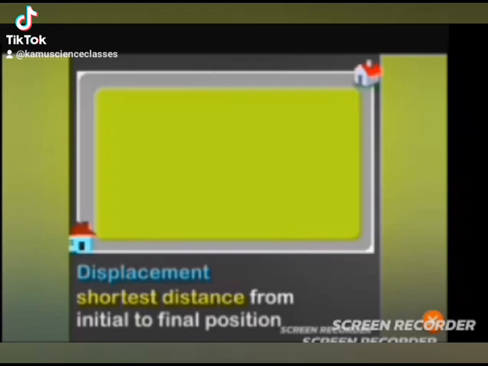Being a distance also, the displacement will be a length whose SI unit will be the meter. And it is a vector quantity because it is described by both magnitude and direction. So what would be our displacement in this case?